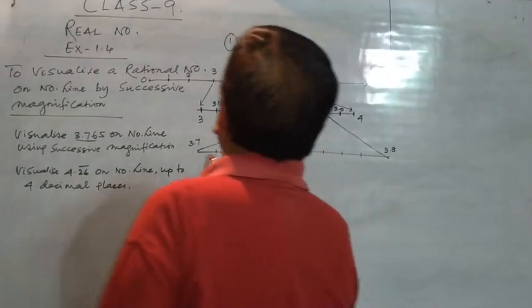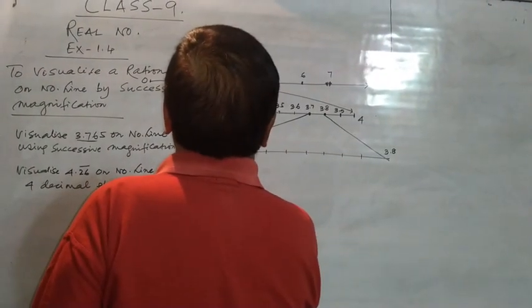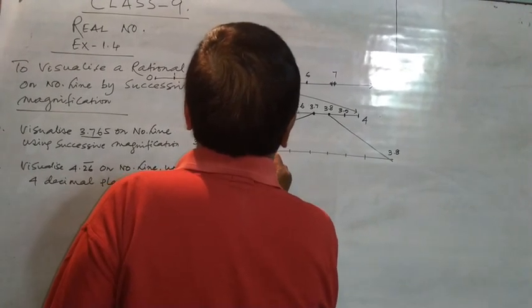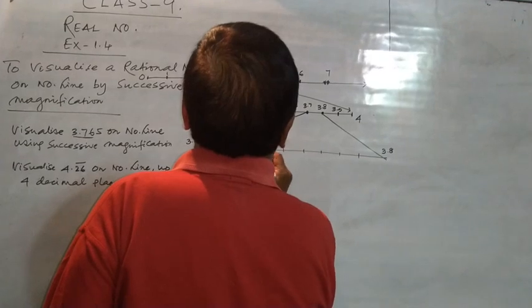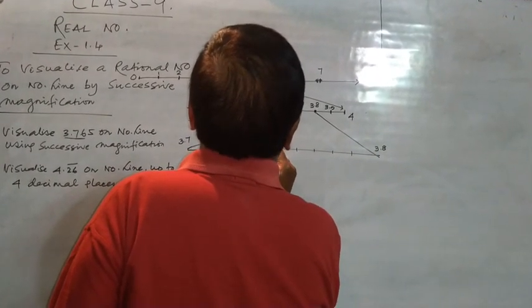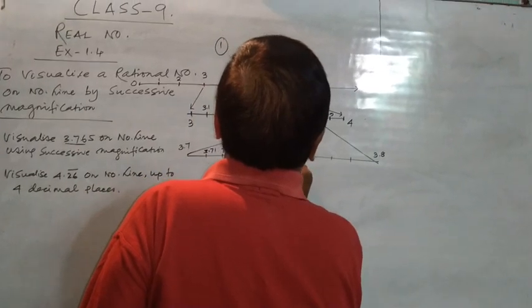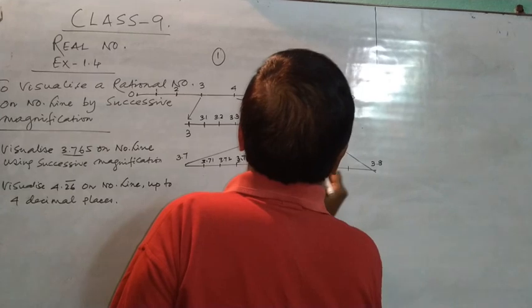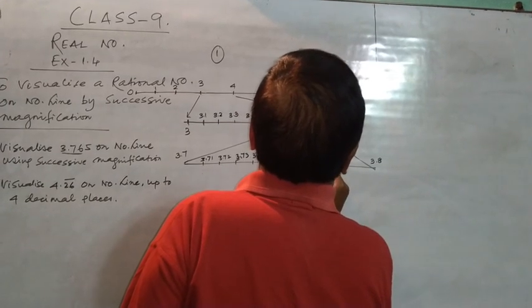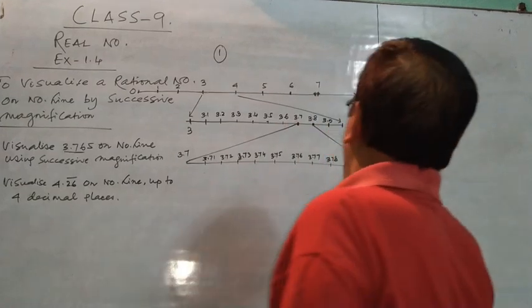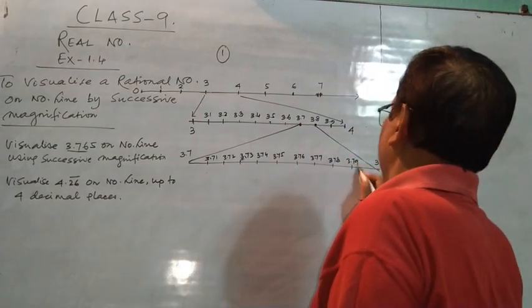So what will be their values? The values will be 3.71, 3.72, 3.73, 3.74, 3.75, 3.76, 3.77, 3.78 and 3.79.